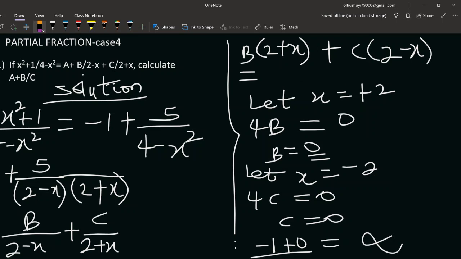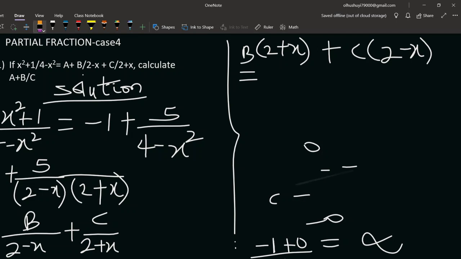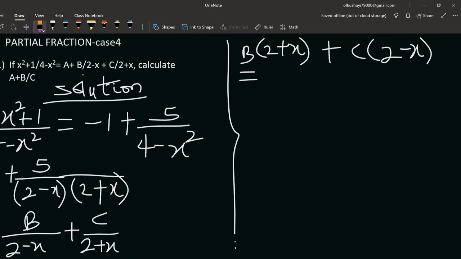So sorry. The numerator we have here was 5. I wasn't seeing it, so this is 5. To multiply it by 4 minus x squared to cancel out, 5 will be left. So this is supposed to be equal to 5.